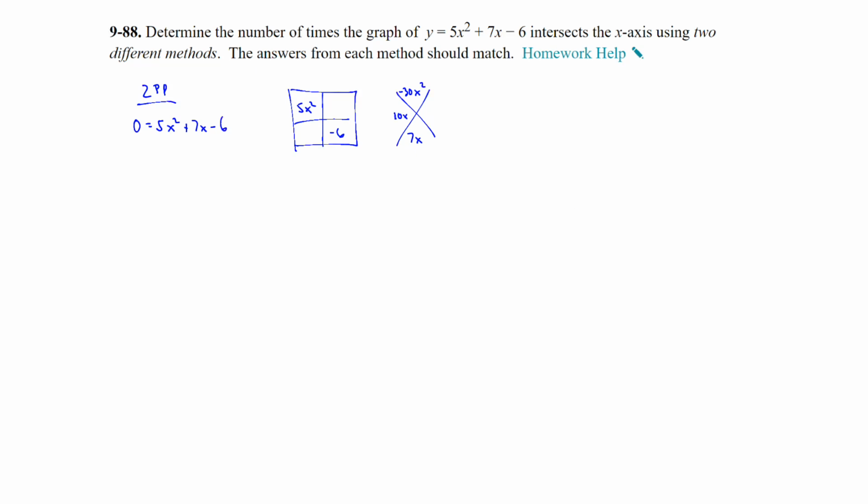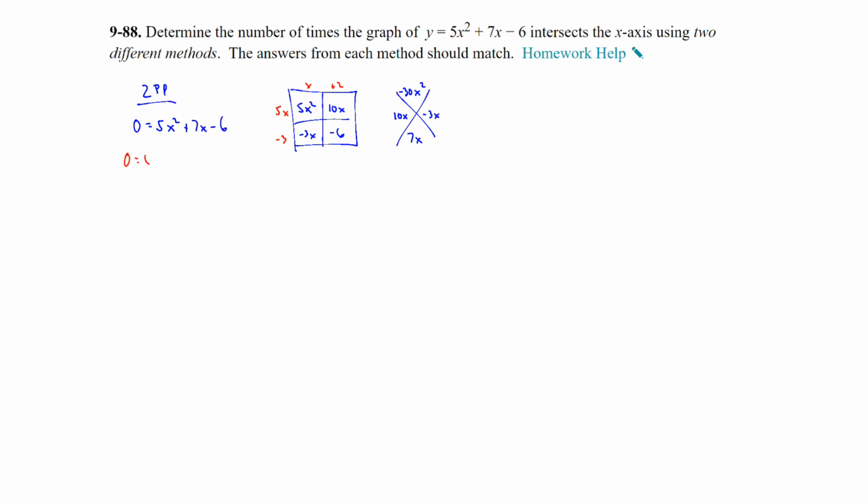It looks like we can use 10x and negative 3x. That would multiply to give us negative 30, but add to give us 7x. So let's plug those in and then figure out the length. This would be a 5x and this would be an x. That means this would have to be a plus 2 and then a minus 3, and then double check the negative 6, and it does work.